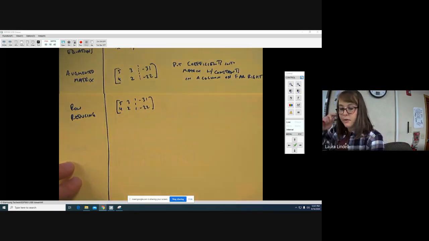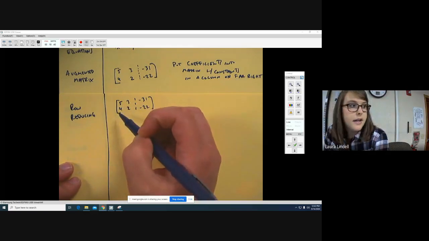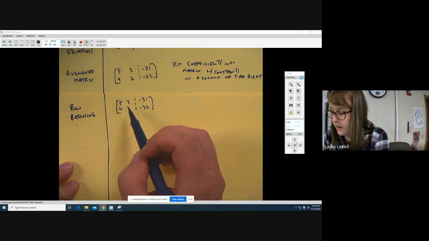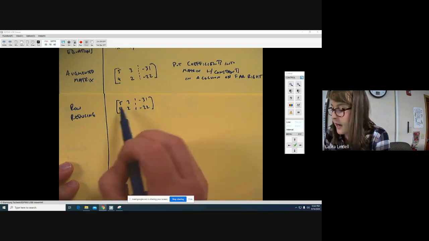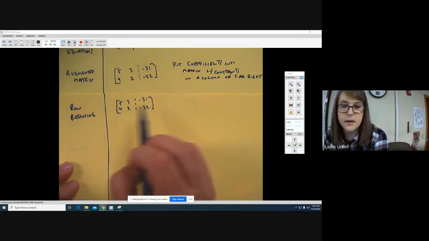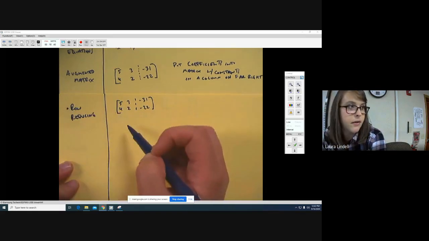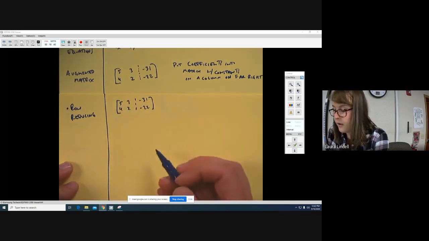And what we can do is I can take rows and subtract them from one another. I can take rows and divide the entire row by the same number. I can change the order of rows and things like that. I just can't change the order of columns or do anything to the columns. That's why it's called row reducing, because we're only manipulating the rows. And if I do something to a row, I have to do it to the entire row.